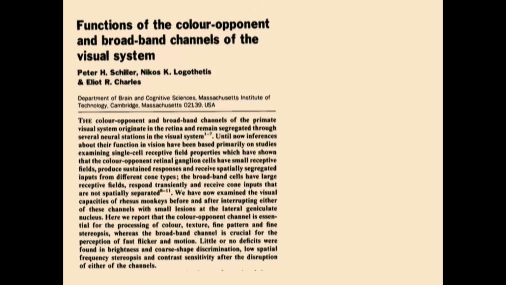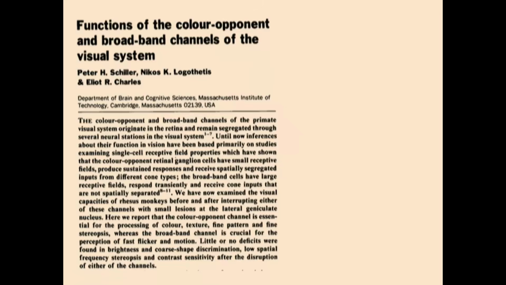Peter is an emeritus professor, and I worked with him a long time ago, which was a lot of fun. He was a pioneer in the visual system. And the middle author on this paper is Nikos Logothetis, who's also now a very famous neuroscientist, does lots of work in vision and MRI, and he's now working in Germany.